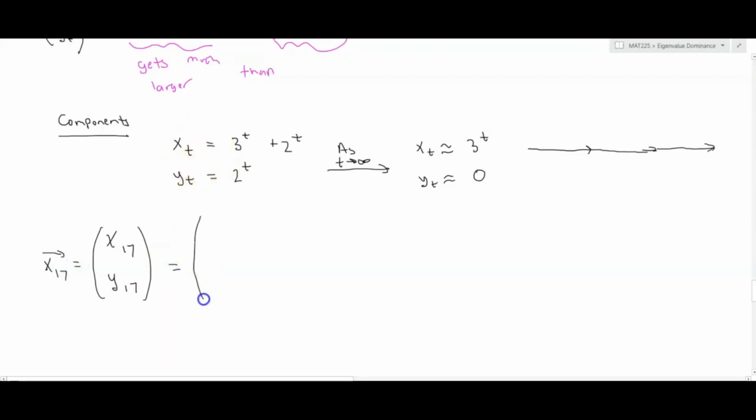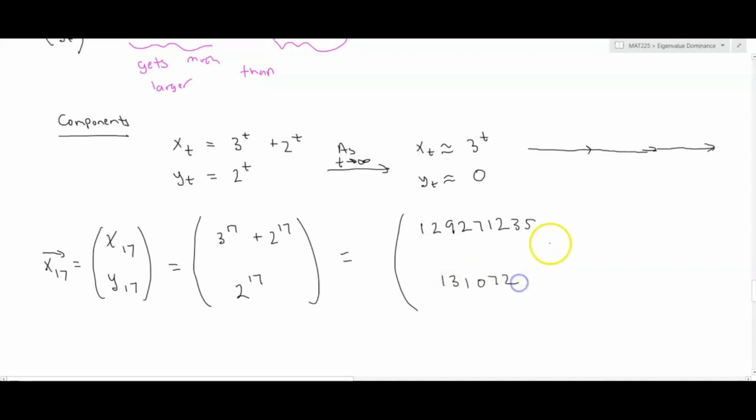So x sub 17 is going to be 3 to the 17th plus 2 to the 17th, and y sub 17 is going to be 2 to the 17th, which lo and behold comes out exactly to what we achieved earlier, 235 and 131072.